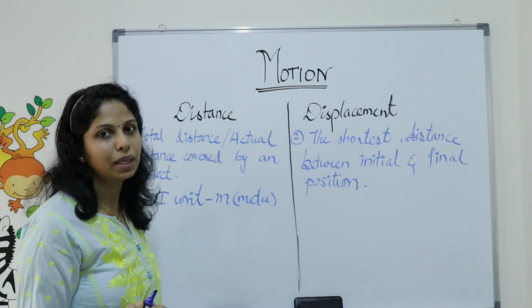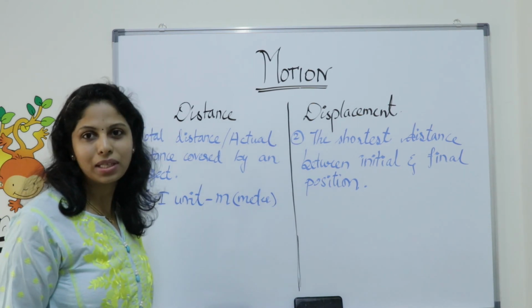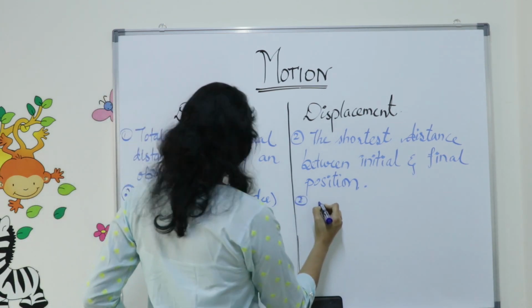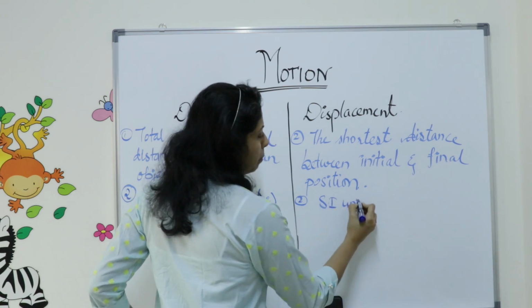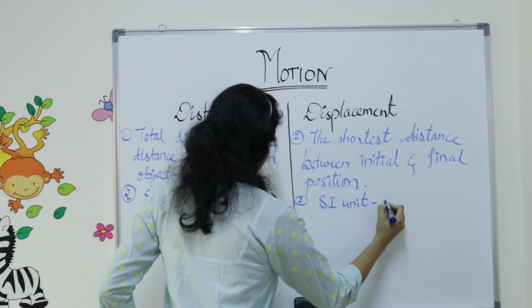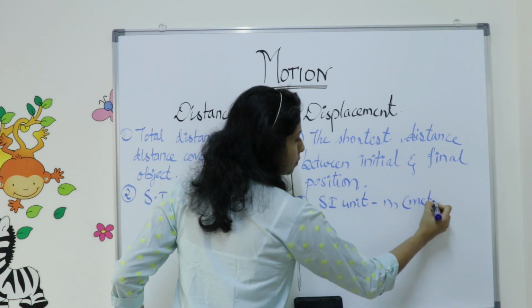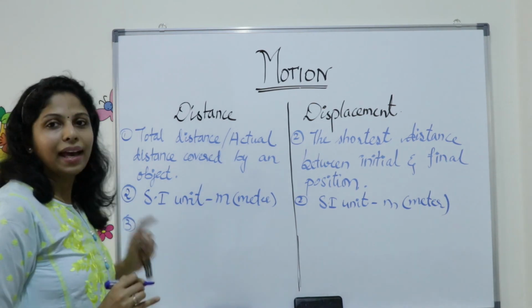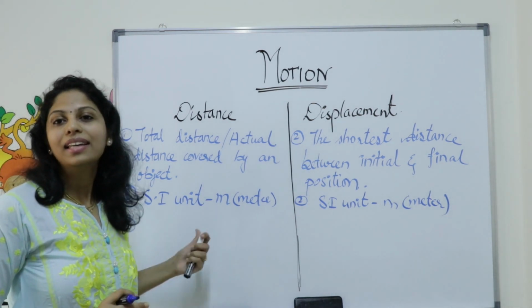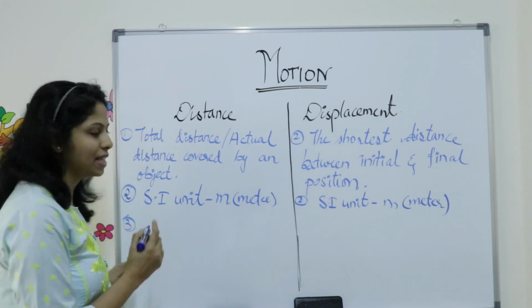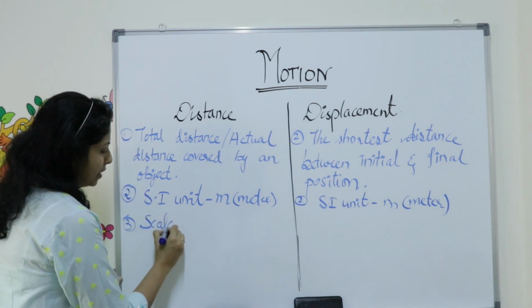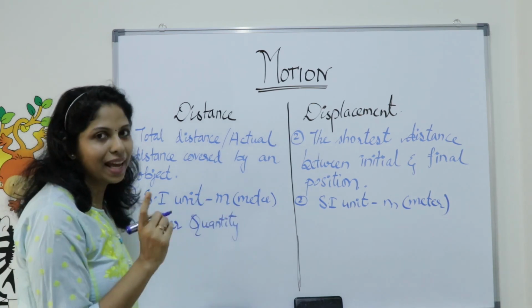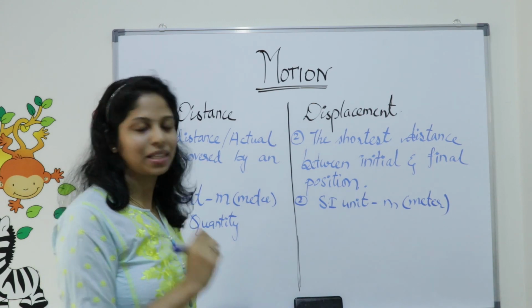Similarly, the displacement is also related to distance, therefore it has the same SI unit, and the SI unit of displacement is also meter. And the next point is distance is a scalar quantity, whereas displacement is a vector quantity.